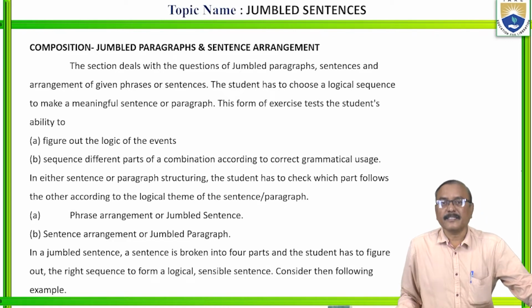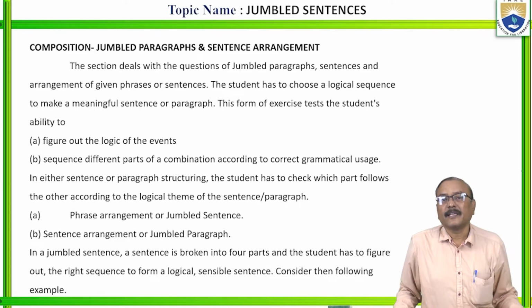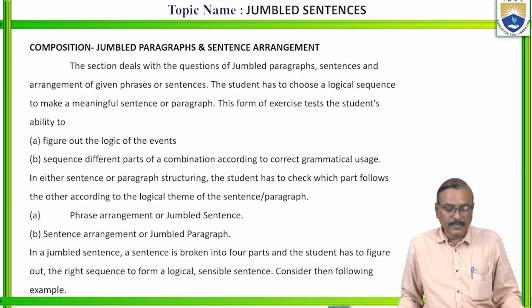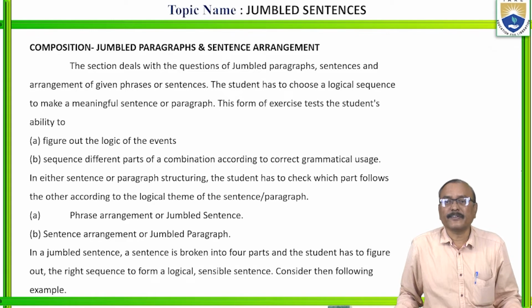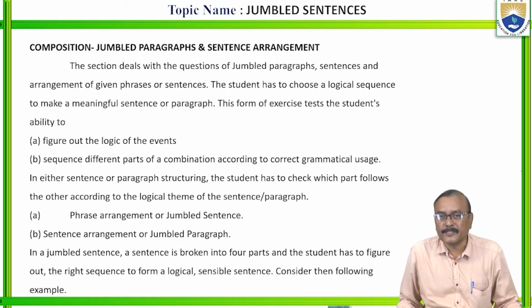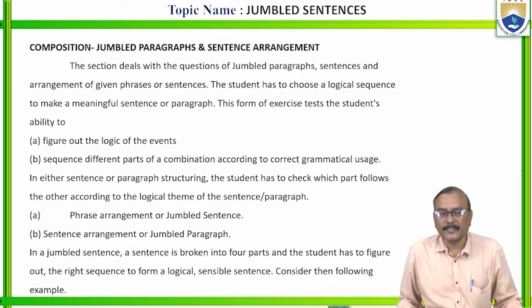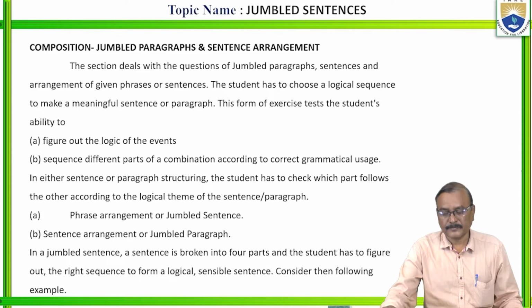The second one is sentence arrangement or jumbled paragraph. In a jumbled sentence, a sentence is broken into 4 parts, and the student has to figure out the right sequence to form a logical, sensible sentence. Consider the following example.